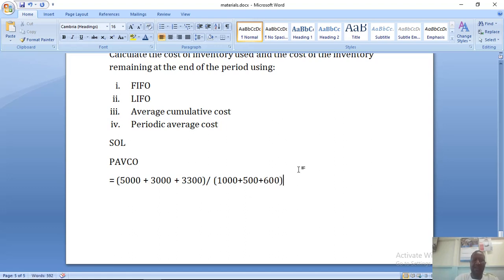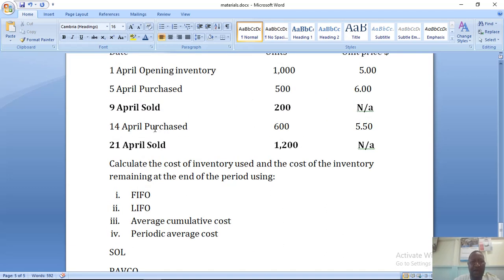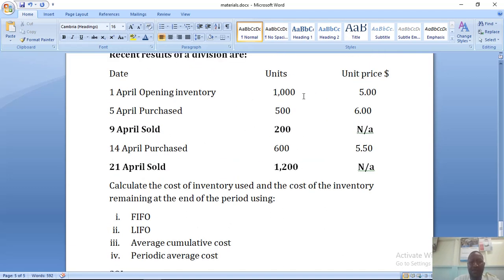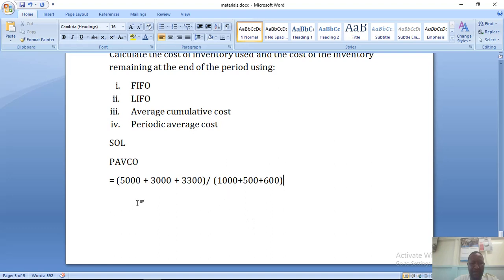So this equals 5,000 plus 3,000 plus 3,300, that is 11,300, divided by the number of units, that's 2,100.